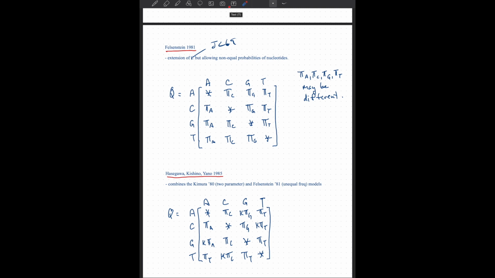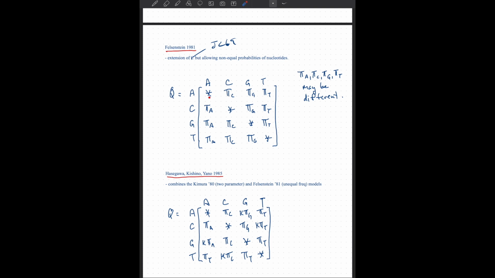And so the rate transition matrix looks very simple, actually, in the Felsenstein model. You just put the probabilities for those nucleic acids in the matrix, and it works out very simple. And of course, this is going to be equal to 1 minus the sum of these guys, right? Oh no, sorry, it's not 1 minus.